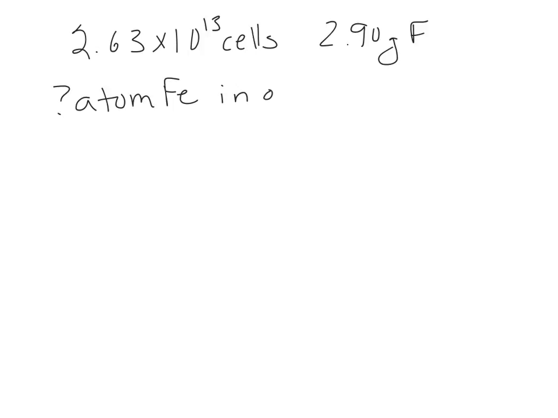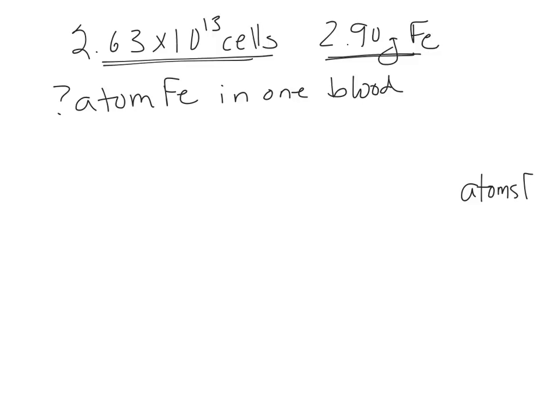in 1 blood cell? So if we could figure out the number of grams of iron in 1 blood cell, then we can convert from grams to atoms easily. So if I know that I have 2.90 grams of iron in this many cells, what I'm looking for is how many atoms of iron per cell.